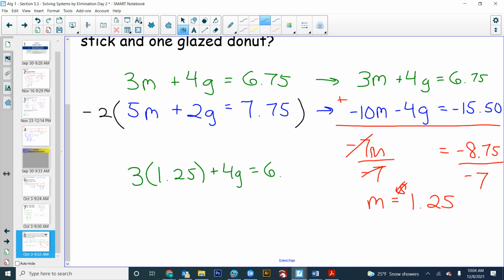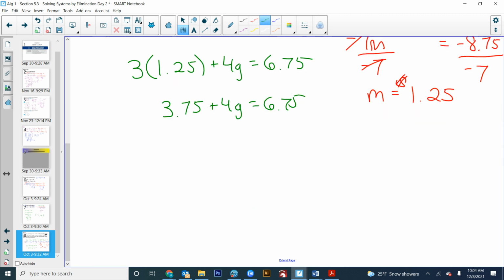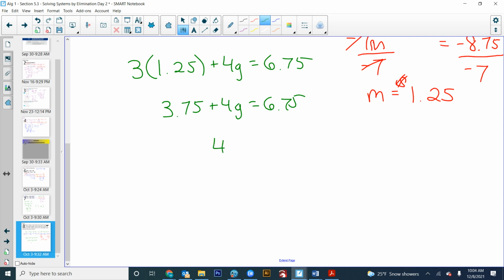Do not pack up yet. Triple 1.25 is what? 3.75? Plus 4G equals 6.75. Subtract 3.75. 3, divide by 4. 3/4 is 0.75. 0.75, meaning a glazed donut is 75 cents.